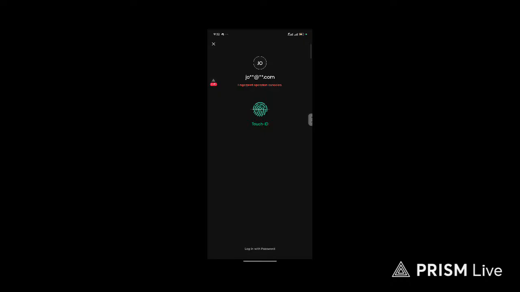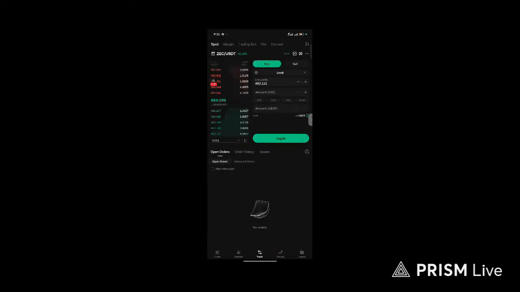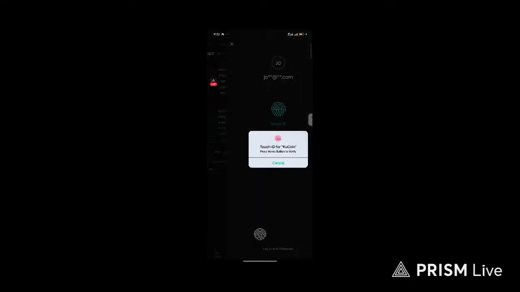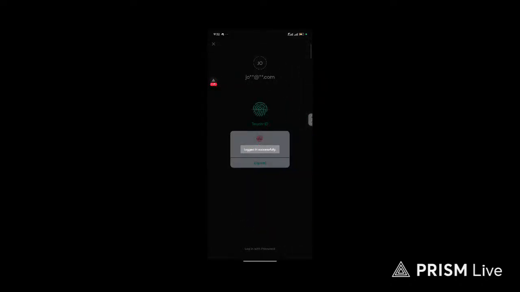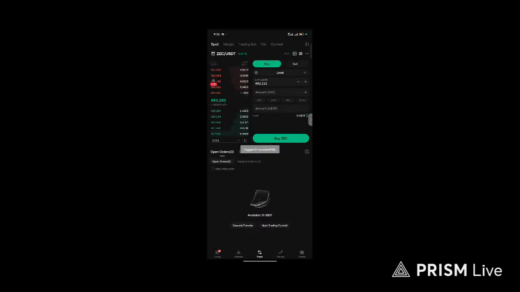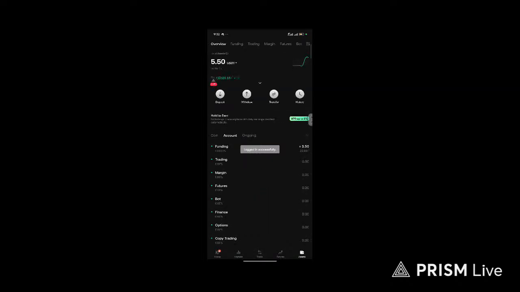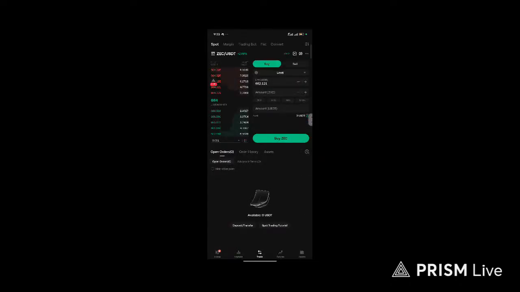Also, you have to log in. Come trade. This is it. You set your amount of ZEC you want to buy.